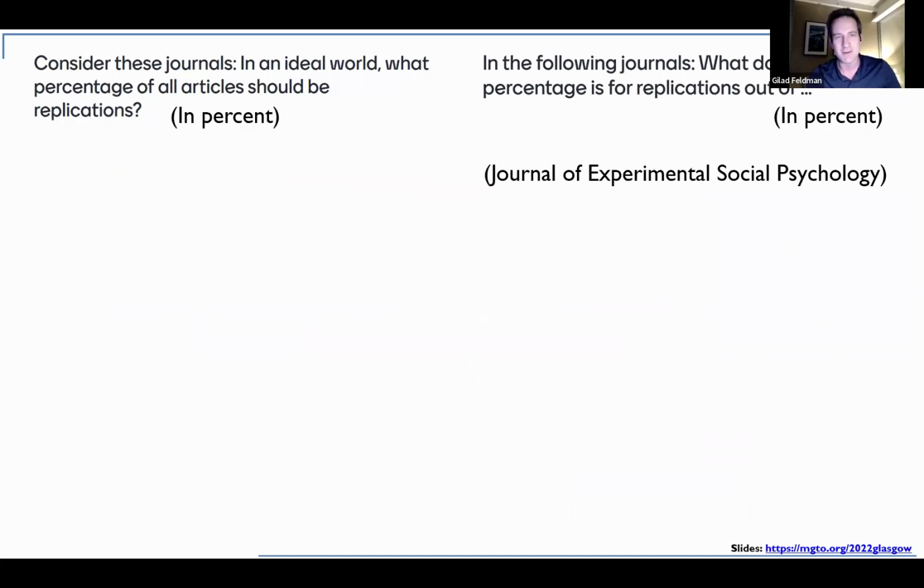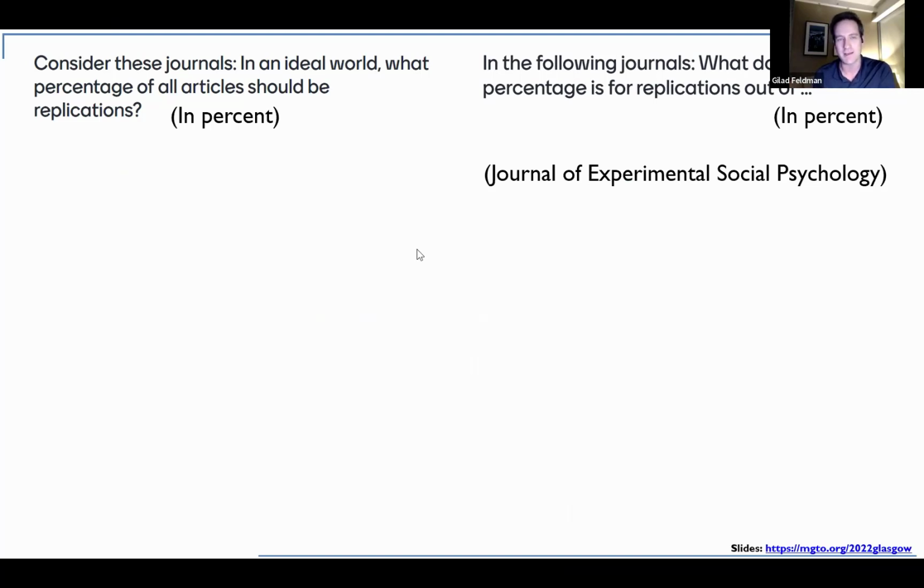So this is what I started with when I gave a talk. I can't remember exactly where, but somewhere in Europe. I want you to just try and consider what your answers are to these questions. In an ideal world, what percentage of all articles that are published should be replications?